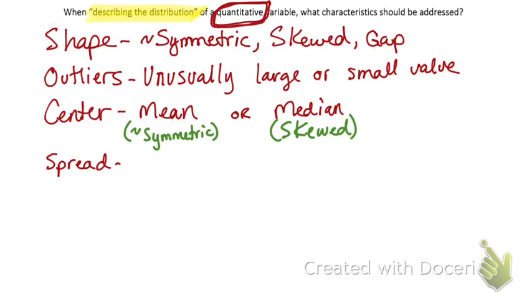So for spread, we actually prefer to list the low and the high. So we're going to list the low to the high value. We can very quickly then get the range by subtracting those two. There's going to be some other things we're going to do with spread to talk about how spread out data is. But for now, until you get a little older, we're going to just go with low to high.